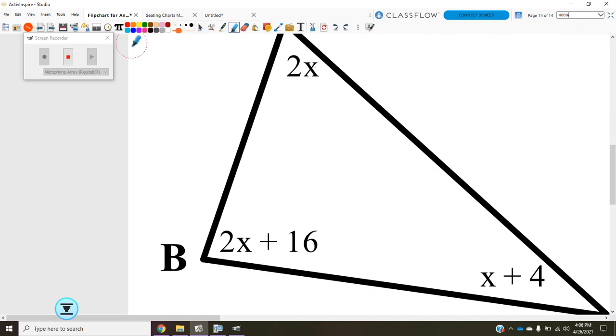I've got 2x, 2x, and 1x. So 2x, 2x, and 1x is 5x. That's where the 5x came from. And a plus 16 and a plus 4 made a plus 20. So that's where the 5x and the plus 20 comes from.